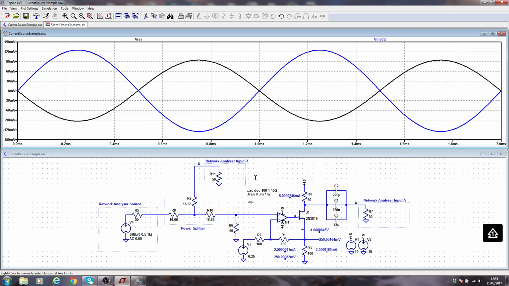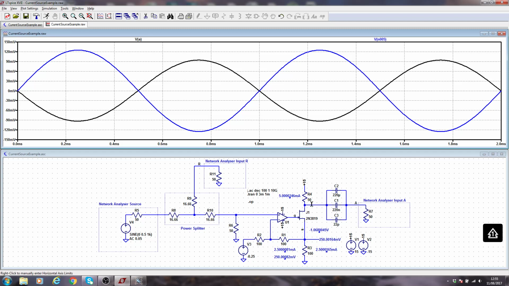The reason we are measuring like this is because the network analyzer accepts a voltage, and we must therefore provide a voltage, and it's expecting our transmission line that we plug into it, the BNC cable, to be 50 ohm terminated. So we must provide 50 ohm output impedance from our amplifier as well.